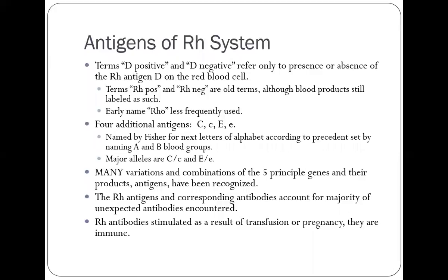So unlike the ABO antibodies, which are expected or naturally occurring, the only way you can really develop an RH antibody, as well as with the many other blood group systems that we're going to talk about, is through an immune reaction. So you have to have been exposed to a foreign antigen that your body doesn't have on its red cells through either transfusion or pregnancy. That's very important to understand.